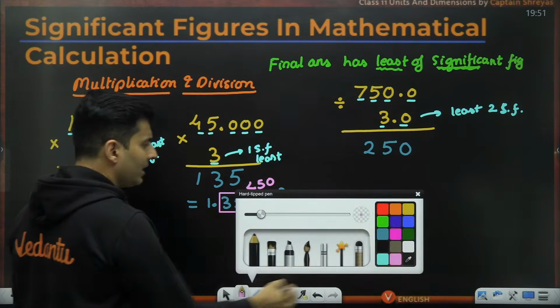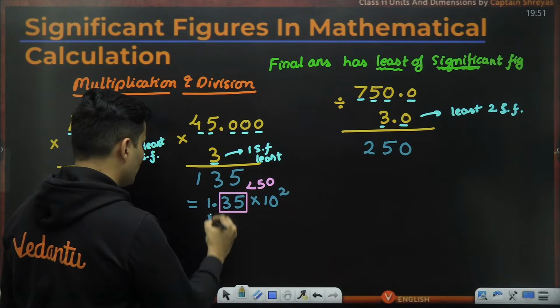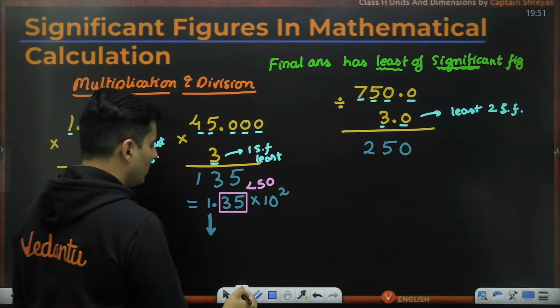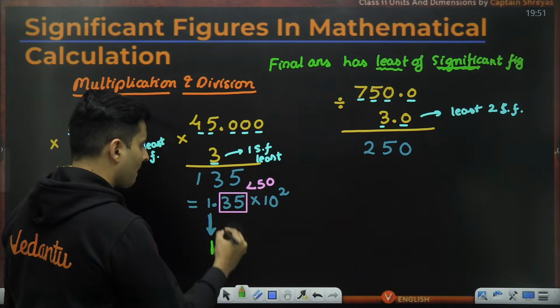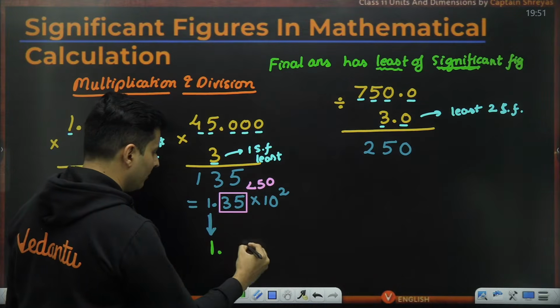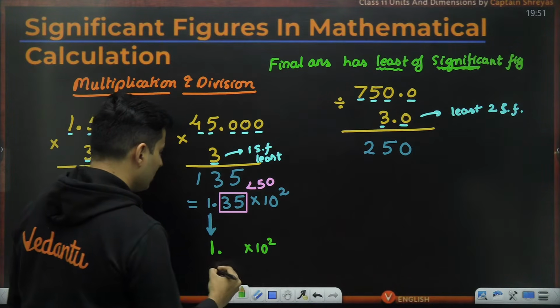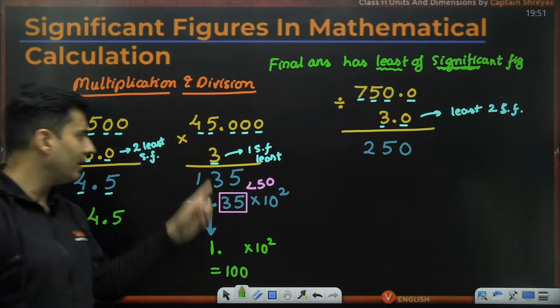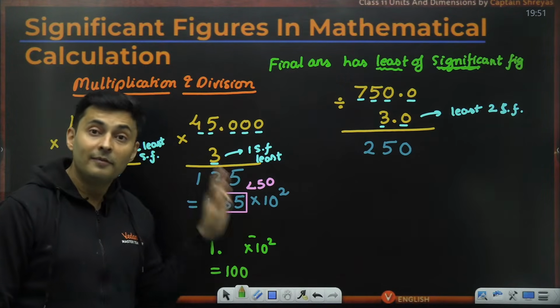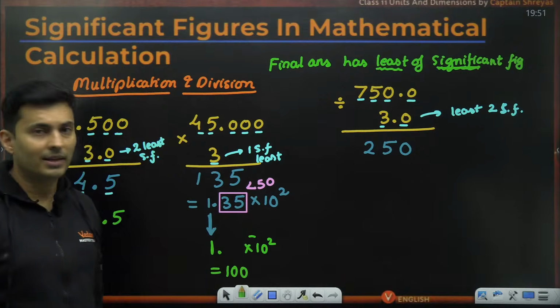If it is less than 50, the previous digit should just go as it is. Don't have to touch it at all. Hence, the answer will be 1 point. These have gone off into 10 to the power 2, which is the same as writing 100. So the answer to this, 45 into 3, is 100 with the application of significant figures.